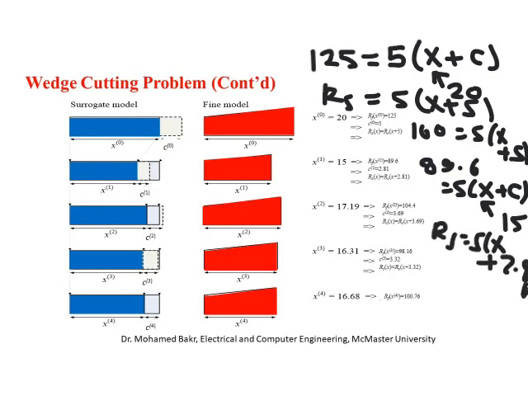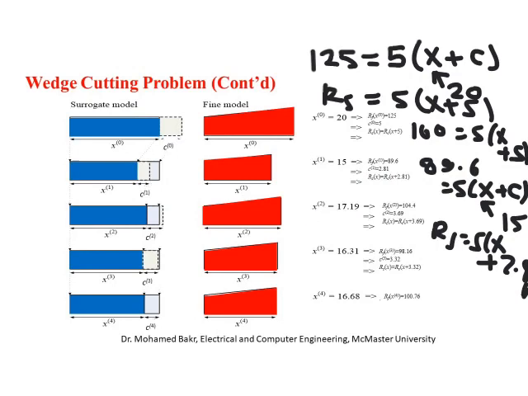Now you are gonna do optimization again on this model. This is an approximation of the fine model. We're gonna set Rs again to 100, I want to get 100. And the new x you're gonna be getting in this model is 17.19.